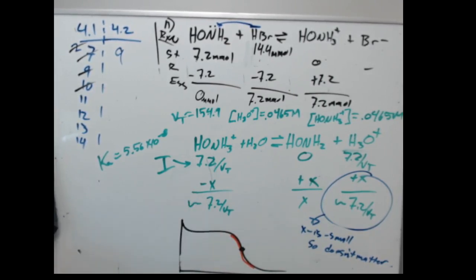So we'll always stick to the flat bits: buffer region, excess region, initial point, equivalence point. Those are the places where we will look. Places where our approximations are pretty good.